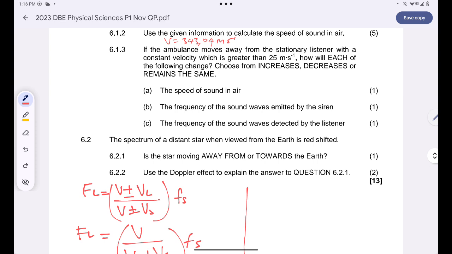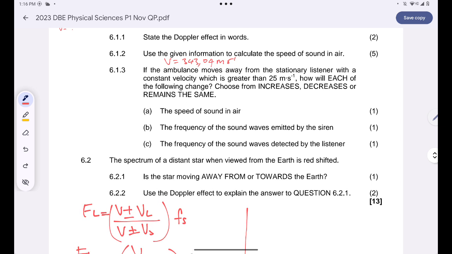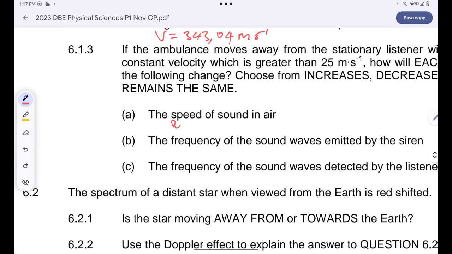And then the frequency of the sound waves emitted by the siren. The frequency, the pitch of the siren will never be affected by how fast the ambulance is moving. It will just stay the same. Are we together? So here, number one, it's remain the same. Number two as well is remain the same.